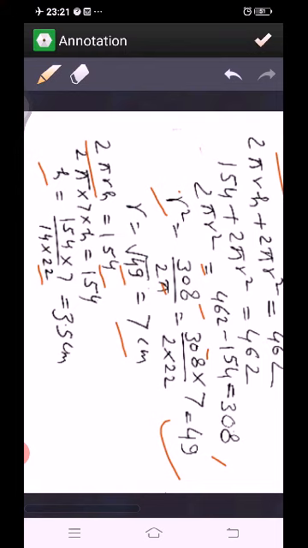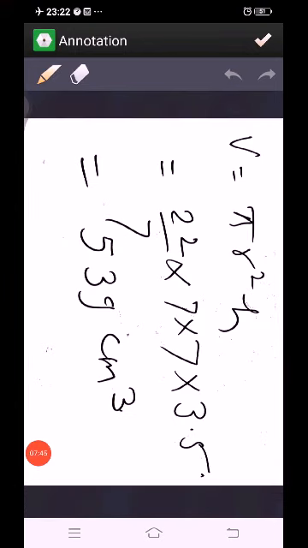On calculation we get h equal to 3.5 centimeter. So volume equal to pi r square h, that is 22 upon 7, r square 7 into 7 and h we have got 3.5. So we are getting 539 centimeter cube will be its volume.